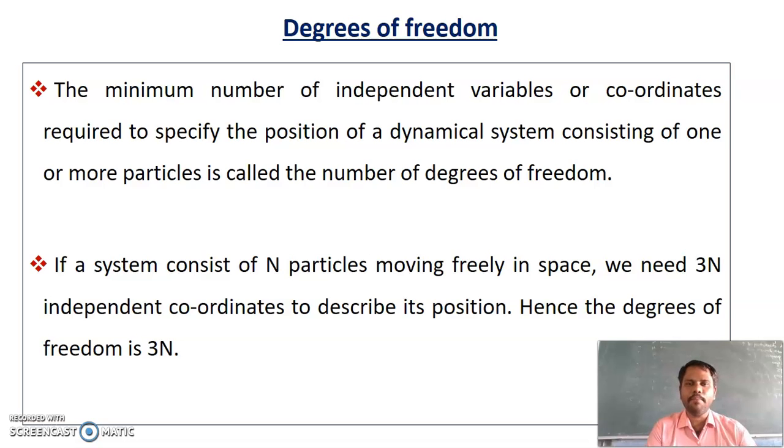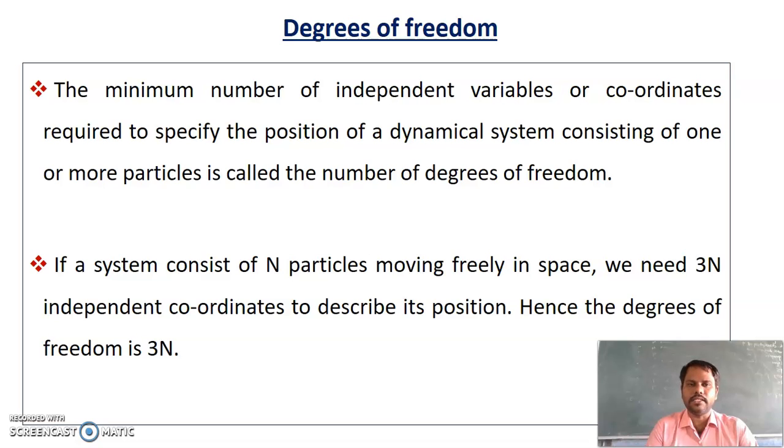The minimum number of independent variables or coordinates required to specify the position of a dynamical system consisting of one or more particles is called degrees of freedom. A particle moving in free space needs 3 degrees of freedom.